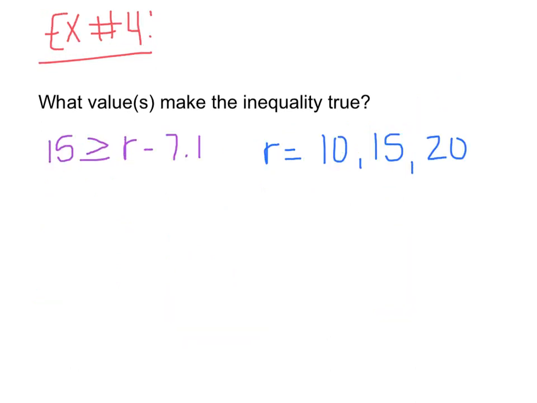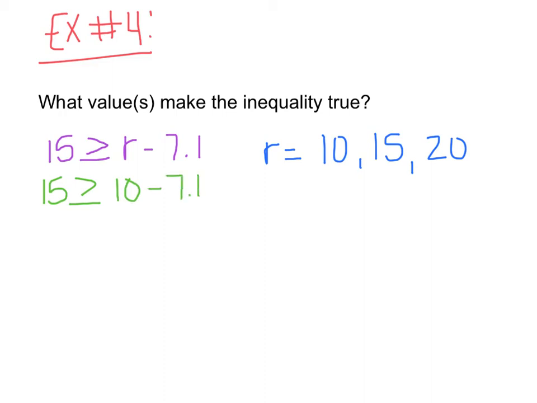Our last example, 15 is greater than or equal to r minus 7 and 1/10. And we have 10, 15, and 20 for r. So we'll go ahead and start plugging those in. We have 15 greater than or equal to 10 minus 7 and 1/10.